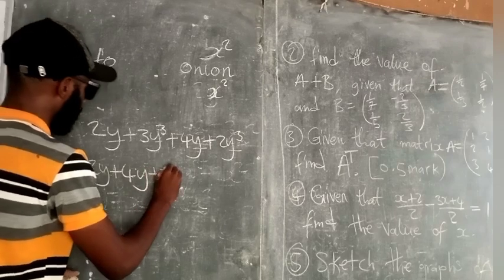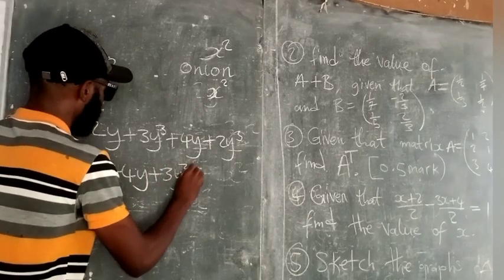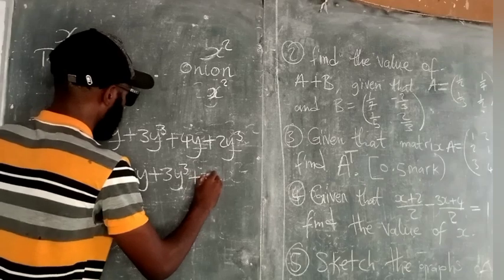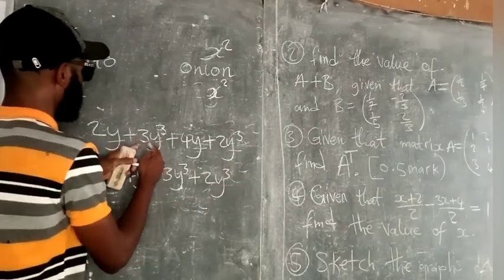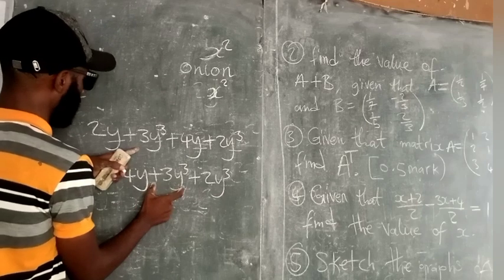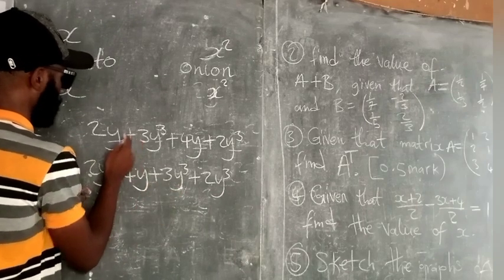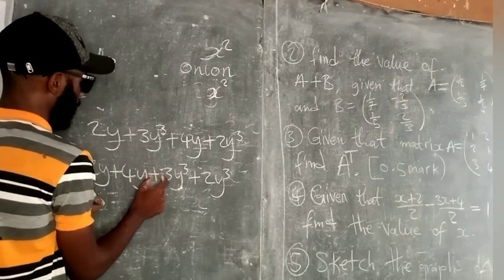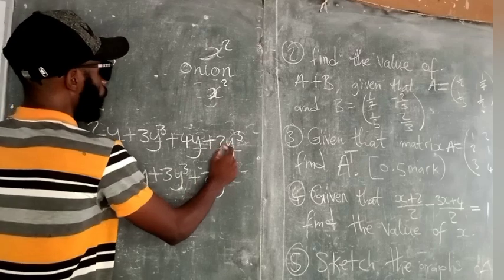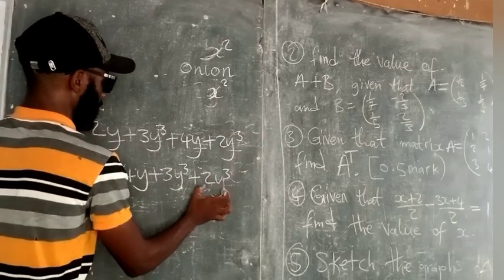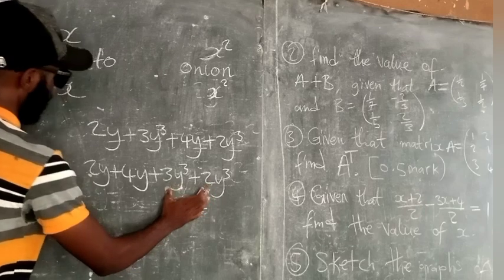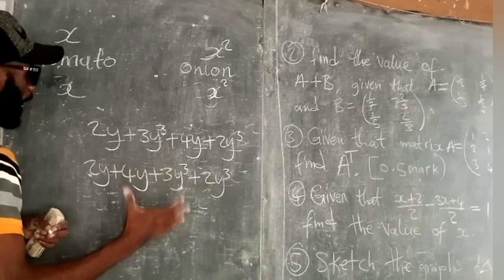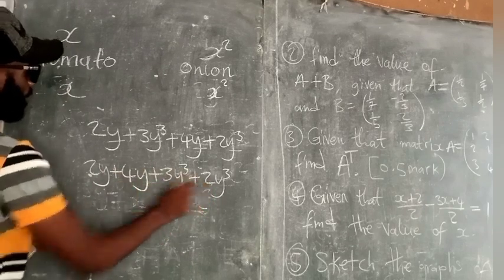So we have 3y to the power 3 plus 2y to the power 3. So this 3y to the power 3 is the one which I've put here. Remember the sign also together with its sign in front. Then the 2y to the power 3 is this one which I just wrote here together with the sign in front. Now we can simplify either to subtract or to add depending on the signs which you have.